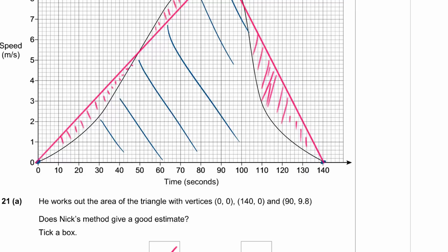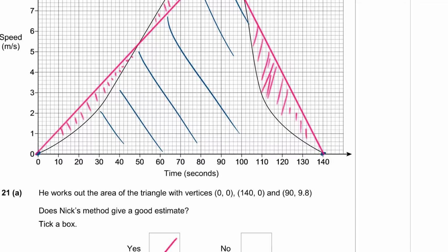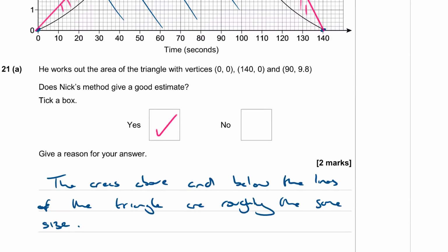And I think that, along with the work I've done on the diagram, is going to be sufficient evidence for the 2 marks.